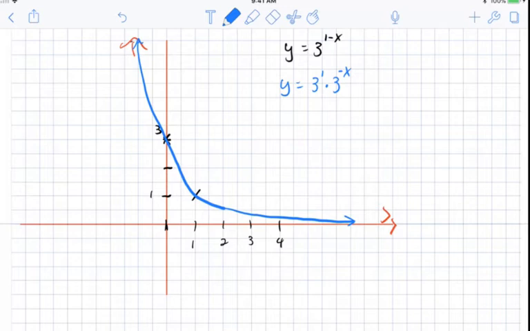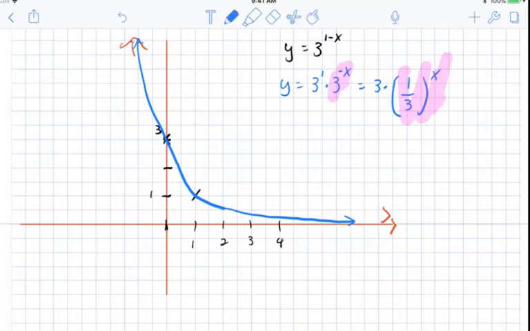But you can write this as 1 over 3 to the x. This term becomes this term, right? It's negative, so it's the reciprocal. So instead of doubling every step, this one decreases by a factor of 1 over 3.